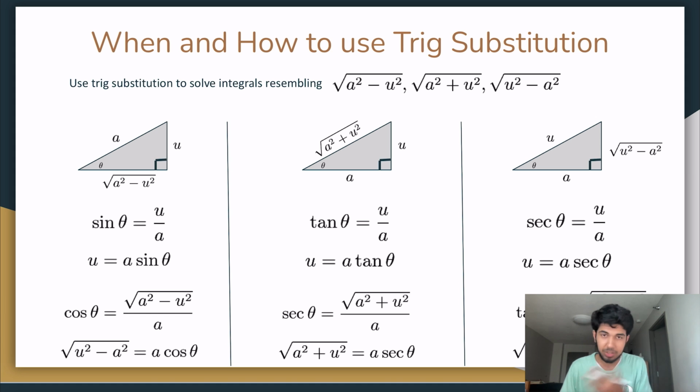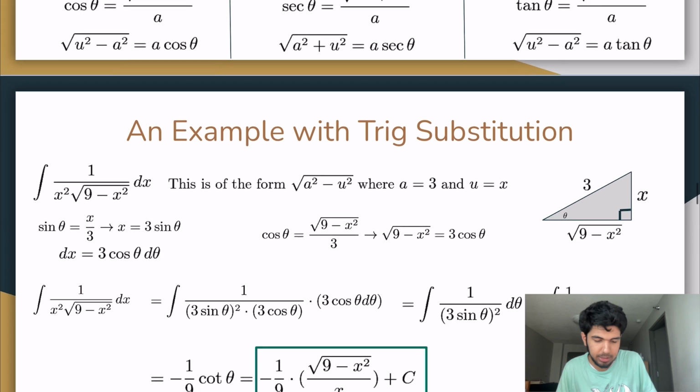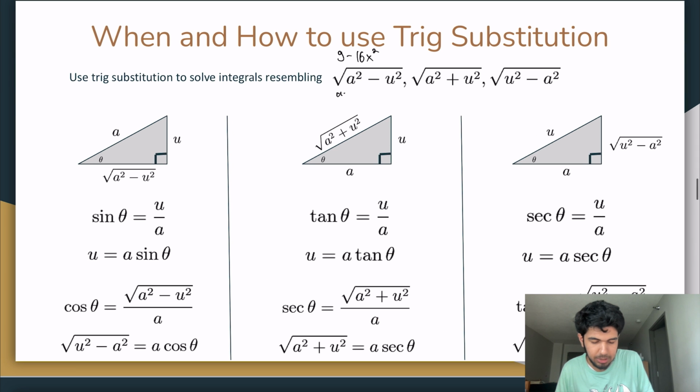So u could be 3x or whatever like that. An example of a squared minus u squared could be 9 minus 16x squared, where we have a equal to 3 and u equal to 4x. So u is a function of x, a is a constant.